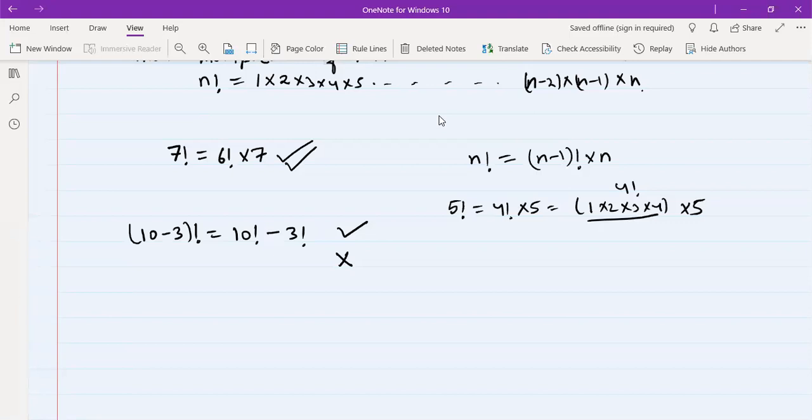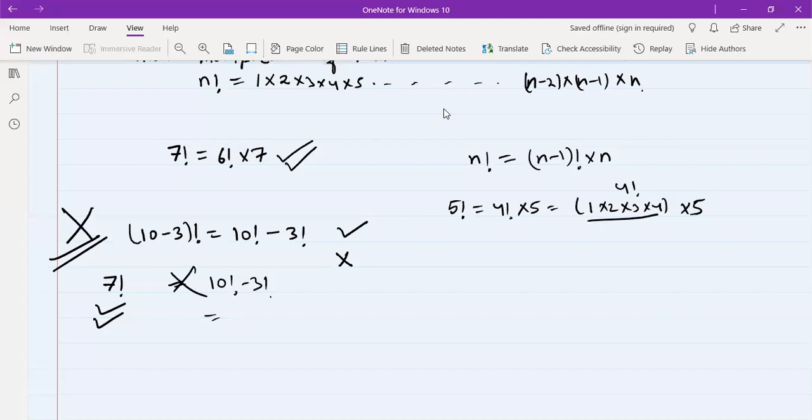Satvik, wrong. No, I'm saying that your answer is correct. See, this is wrong. Why is it wrong? Just think about this. What is (10 minus 7) factorial? (10 minus 3) is 7, so it is 7 factorial. But do you think that 10 factorial minus 3 factorial will give you 7 factorial? No way. It won't give you 7 factorial.